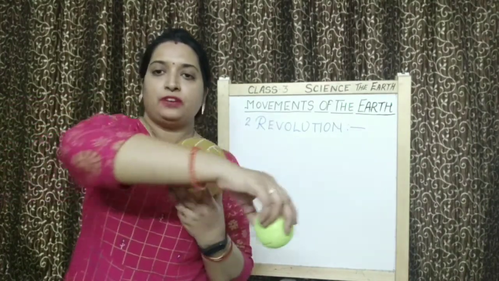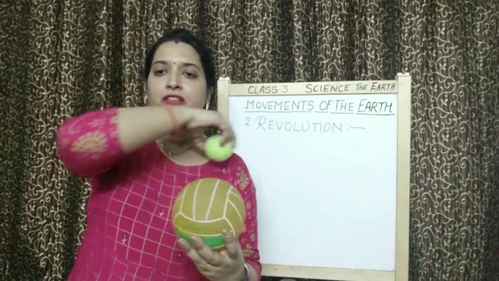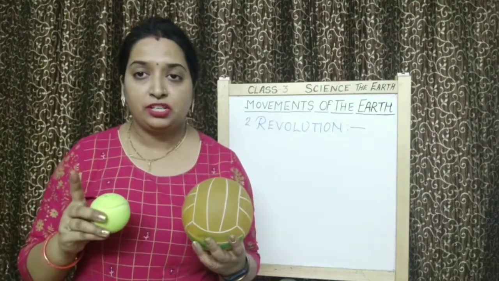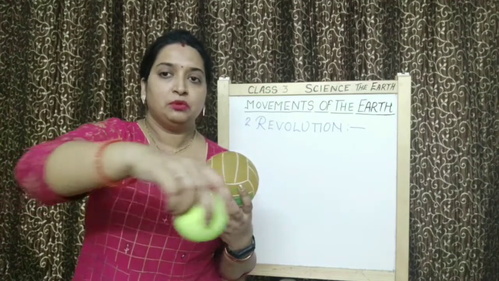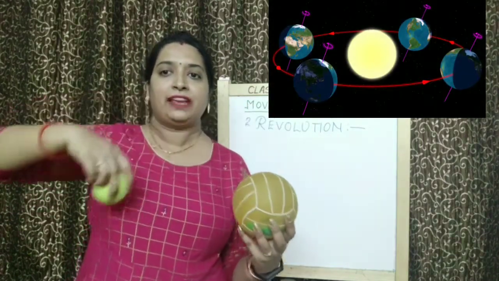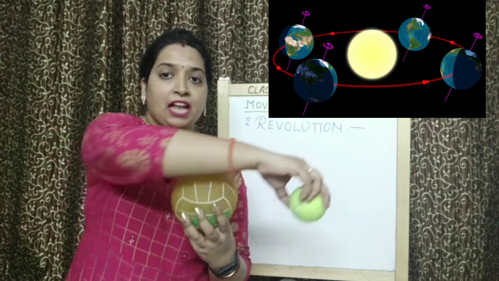So as you are seeing how earth is revolving around the sun. The movement of earth around the sun is called revolution. And one more thing, children, you are seeing that this earth is moving around the sun in a fixed path. Okay, this is an imaginary path.